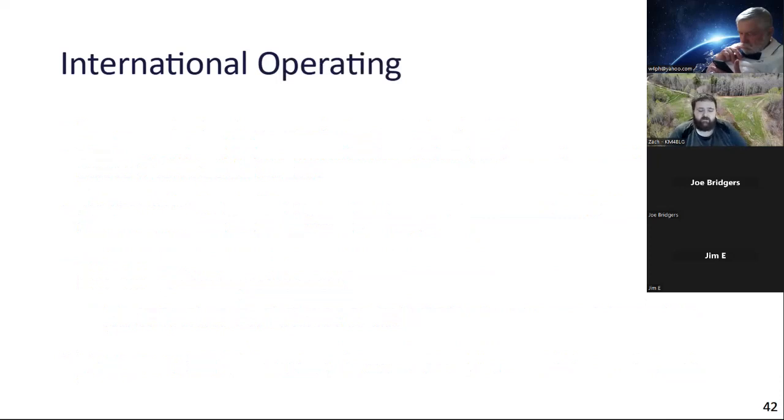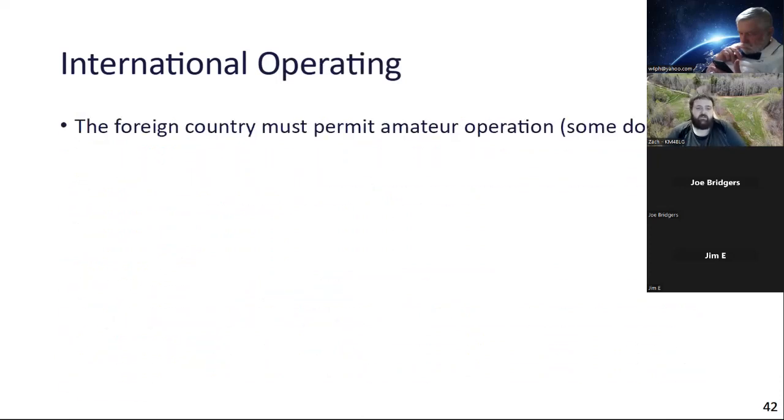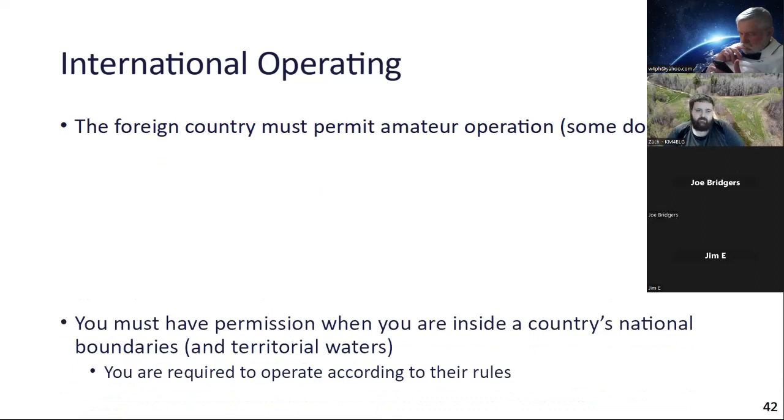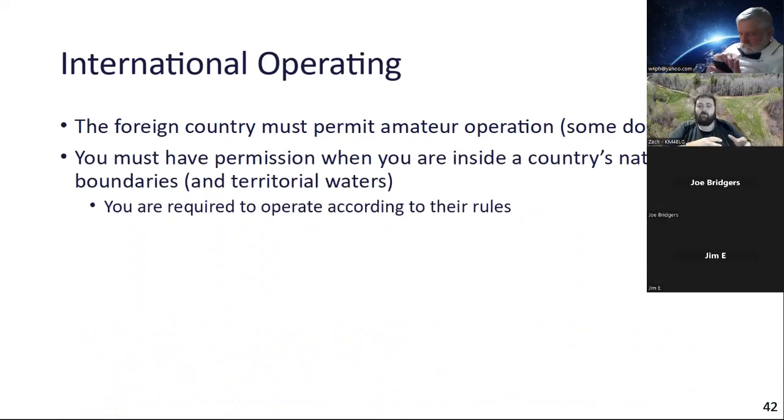International operating. The foreign country must permit amateur operation of some sort. Most countries do, but a few of them don't. This is for if you actually travel to a foreign country and want to operate from that country, like if you go on vacation.